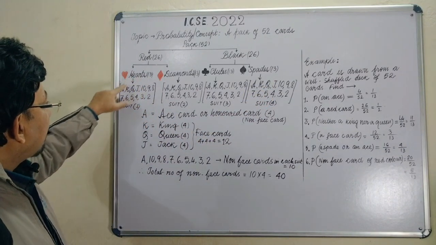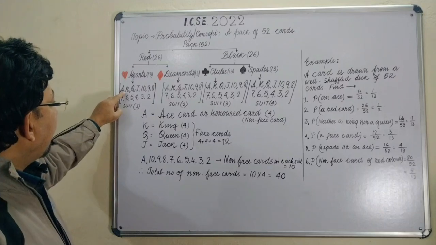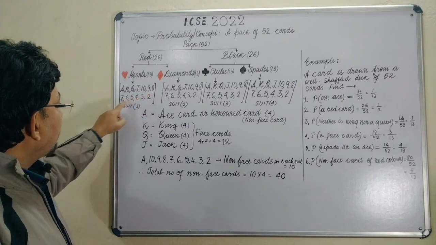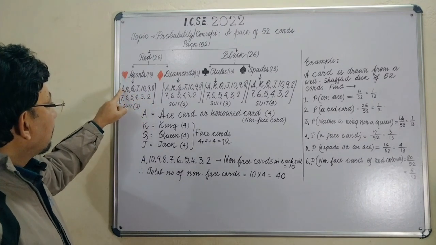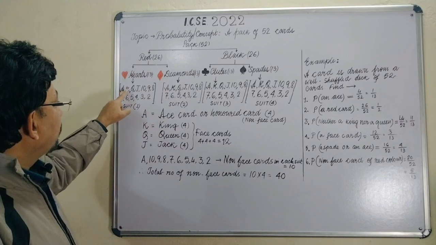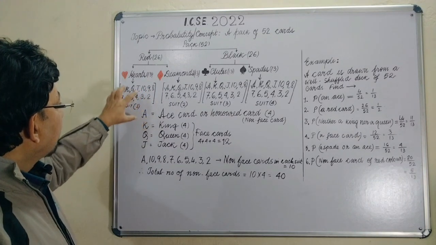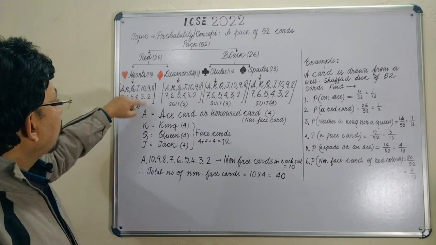These 13 cards of hearts are A, K, Q, J, 10, 9, 8, 7, 6, 5, 4, 3, 2. 13 cards total, 1, 2, 3, 4, 5, 6, 7, 8, 9, 10, 11, 12, 13. This is called a suit of hearts.